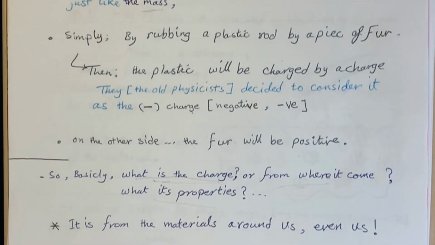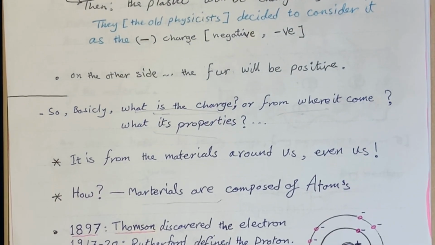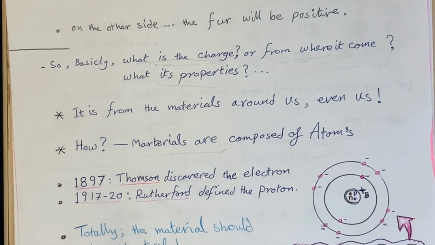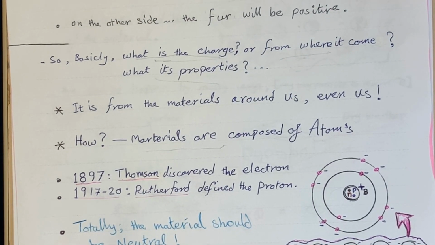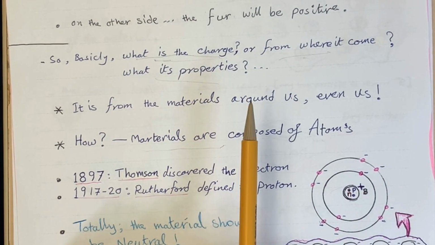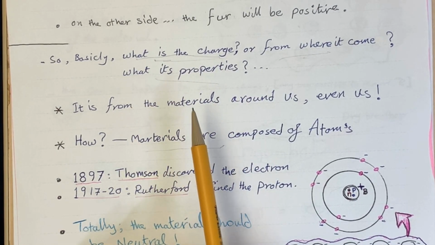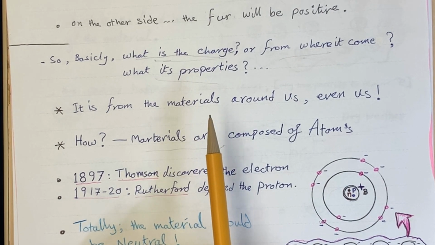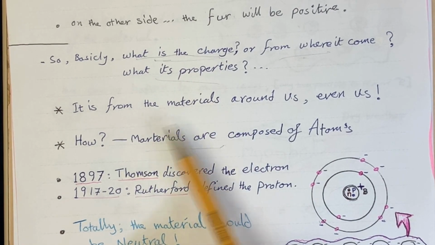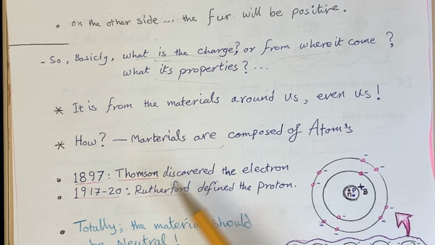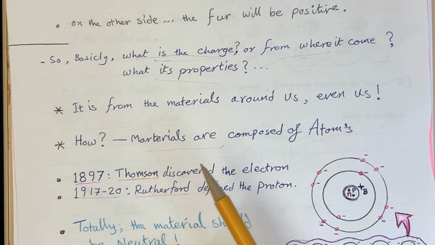Now, basically, what is the charge, where does the charge come from, and what are the properties of that charge? After understanding these questions and their answers, we will be done with this lesson today, and we will start to understand what we need to apply using this quantity in physics.